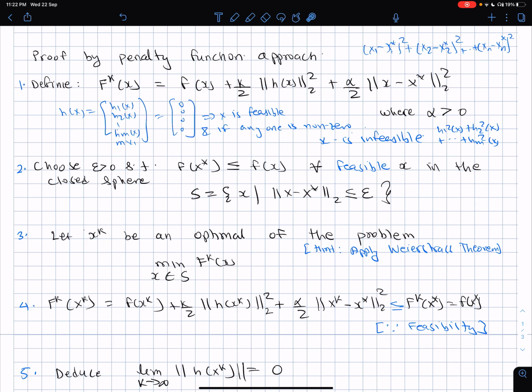Now Weierstrass theorem is always dealing with global minimization. So this xk will actually minimize this function in a global sense. One or more candidates could meet the global minimum, but one of them is xk.